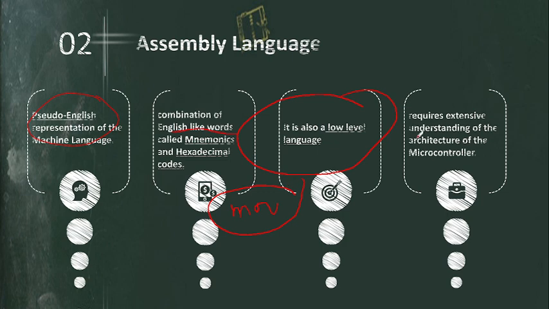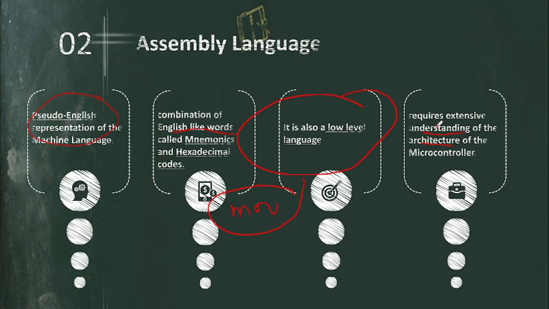But here one thing you need to understand: if you are writing a program in assembly language, you need to have a huge understanding of the architecture of that particular microcontroller. That means you need to have an idea of the hardware architecture of the microcontroller.